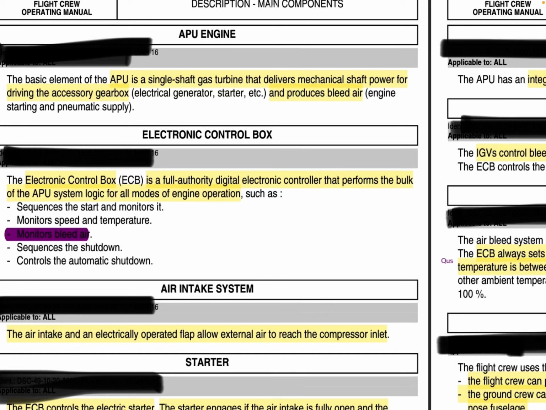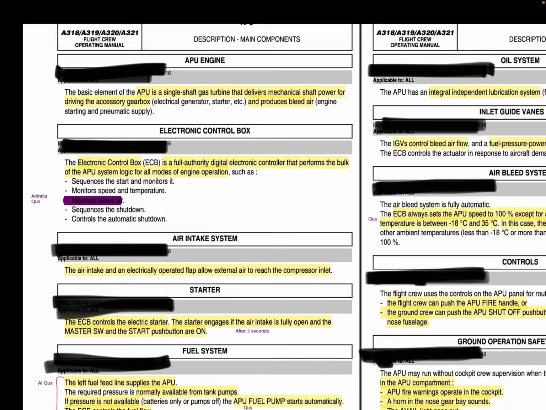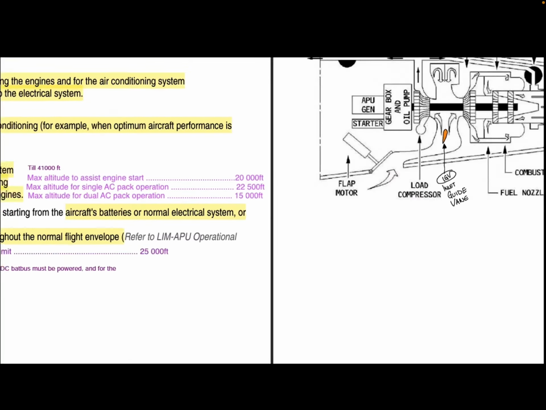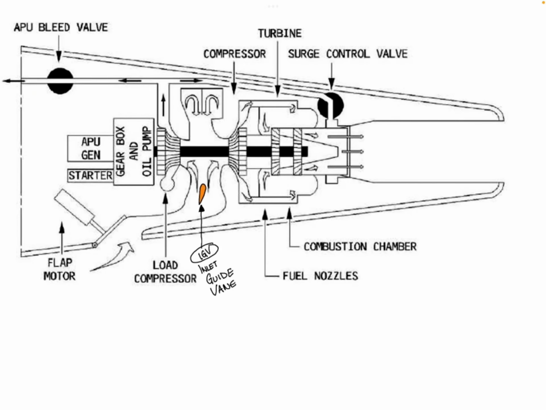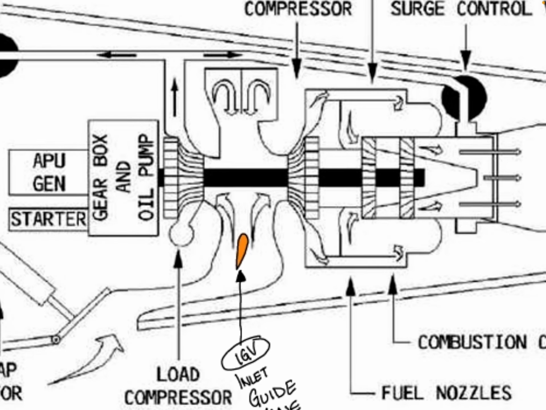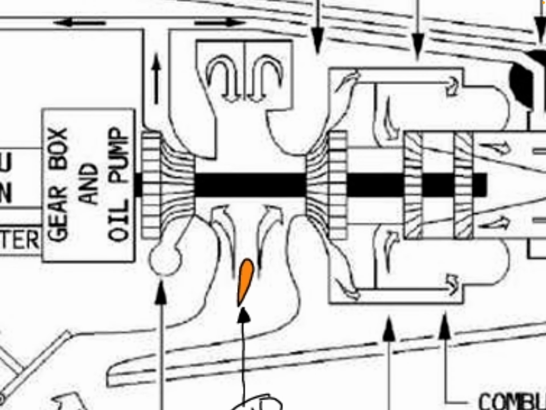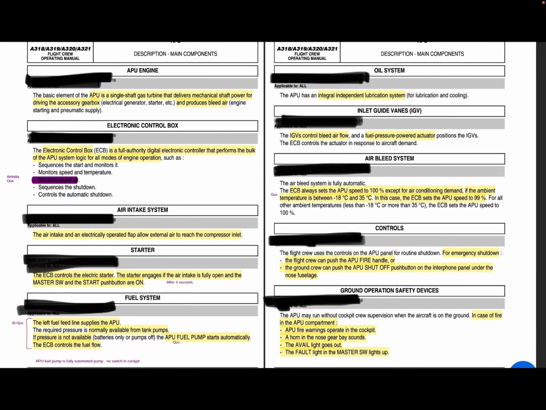APU is a single shaft gas turbine that delivers mechanical shaft power for driving the accessory gearbox. It is very clear from here. It is single shaft, and gearbox is connected to provide electrical energy and produce bleed air for engine starting and for pneumatics supply, obviously.